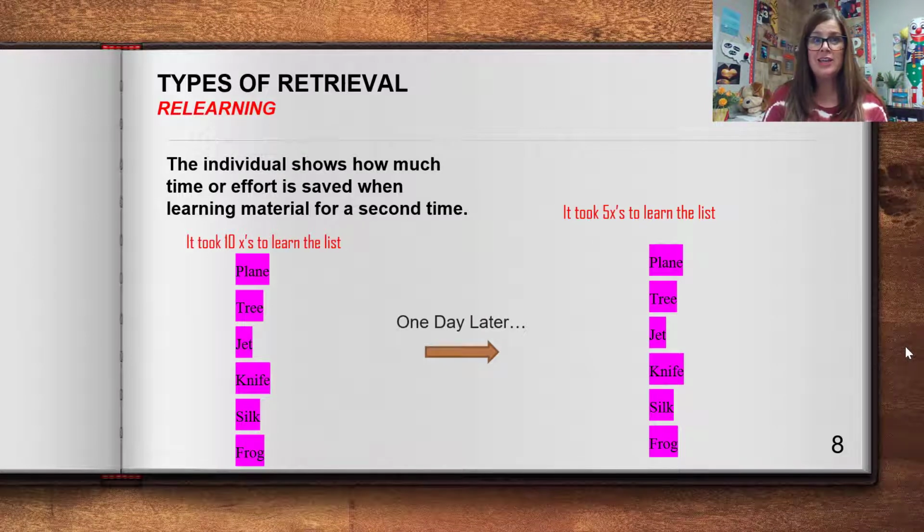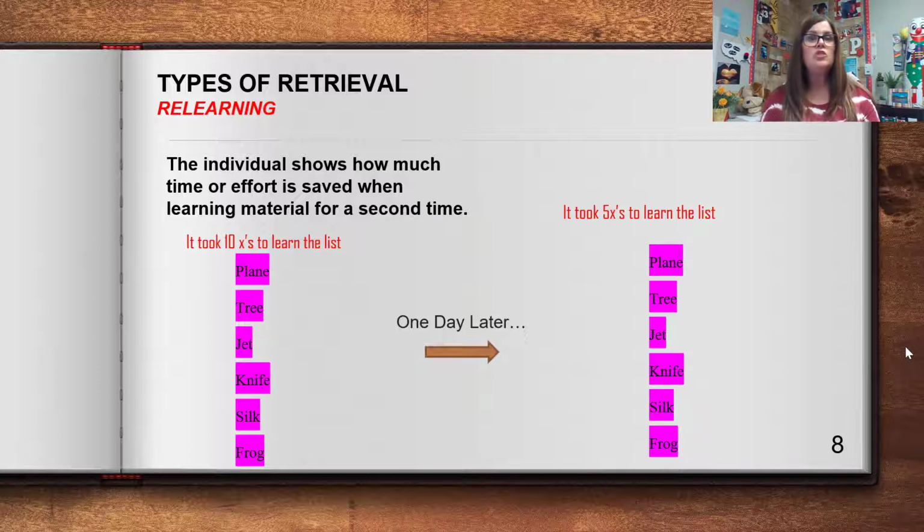So let's keep going looking at retrieval, and we need to understand what relearning is. And it's really just what it sounds like. So with relearning, the individual shows how much time or effort is saved when learning material for a second time. So the first go round as you're studying information, this list of words here, it took you 10 times to look over the list and practice that list to get it.